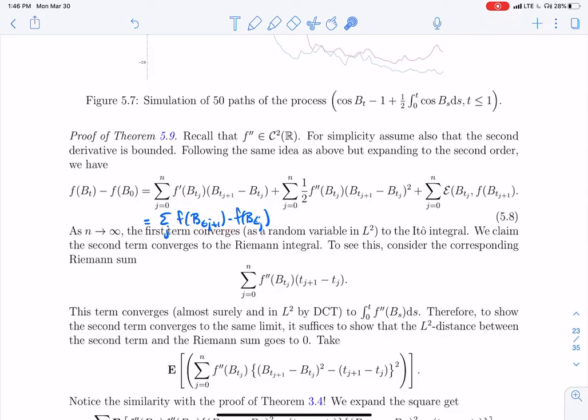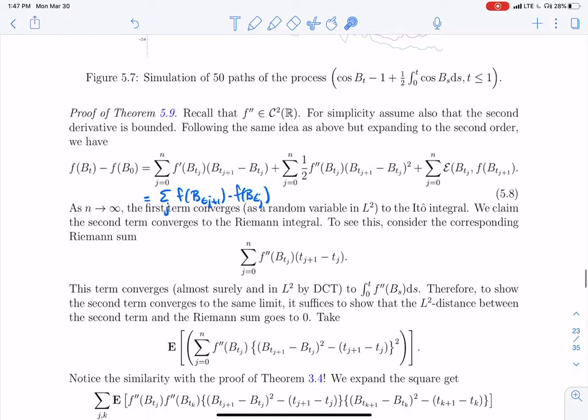So I get f prime of B_{t_j}, at the beginning of the interval, times the Brownian increment, because I expand around B_{t_j}. Then I go to second order, plus 1/2 f double prime of B_{t_j} times the increment squared. So it's the second order Taylor approximation around B_{t_j}, and then I have an error.